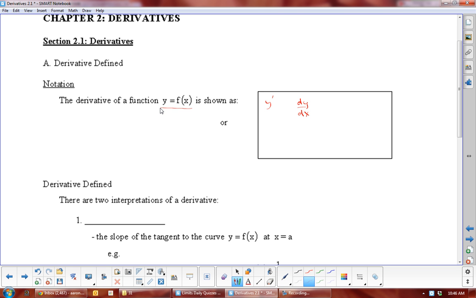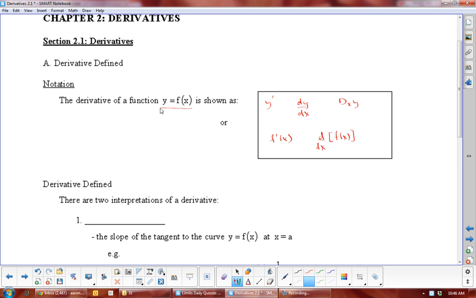There's also capital D with a little x subscript of y. You can also do f prime of x and d dx of the equation f of x.